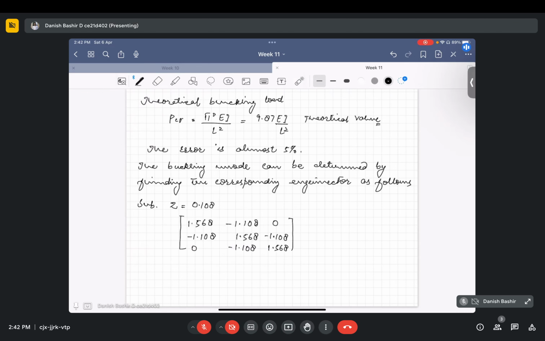So we have to find the values of y2, y3, y4. Okay, that will be the mode shape, equal to 0, 0, 0.